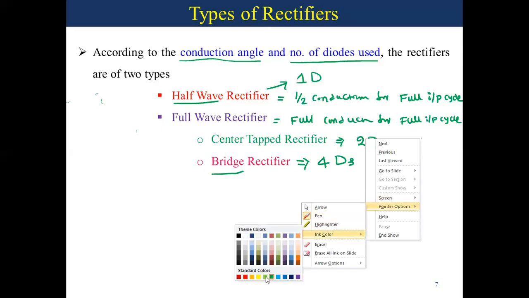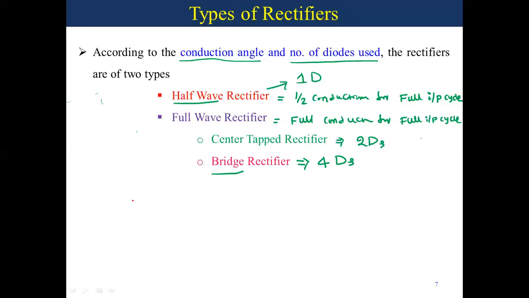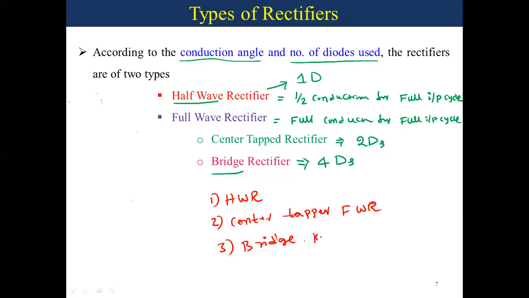The first one is half wave rectifier. Second one, center tapped full wave rectifier. And the third one, bridge rectifier. This is the general classification of the rectifiers.